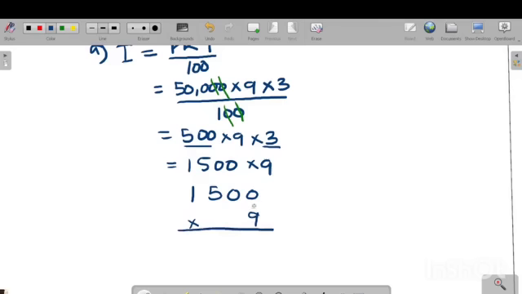So 9 times 0 is 0, then 9 times 0 again is 0, 9 times 5 is 45, so you write 5, carry 4, 9 times 1 is 9, 9 plus 4 is 13.